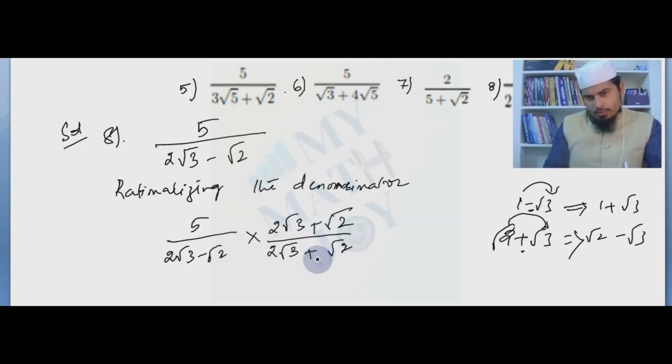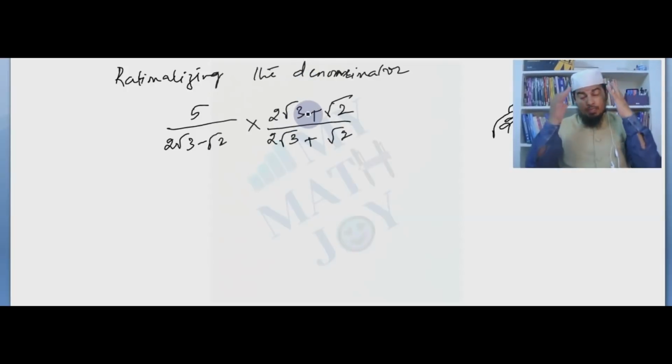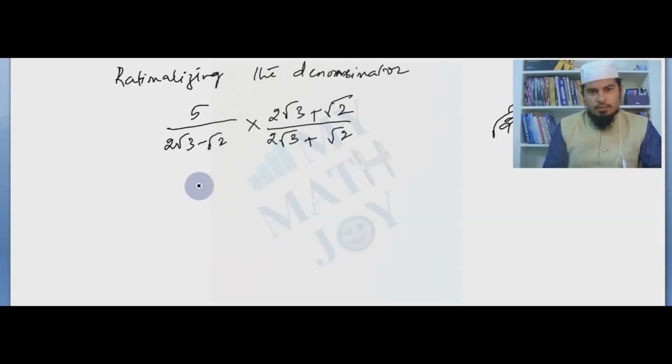Same numerator and denominator. After multiplying and dividing, you should not cancel. We multiply and divide for a purpose, and if you cancel, we will reach the previous step again. Don't do that. So we multiply the numerators.